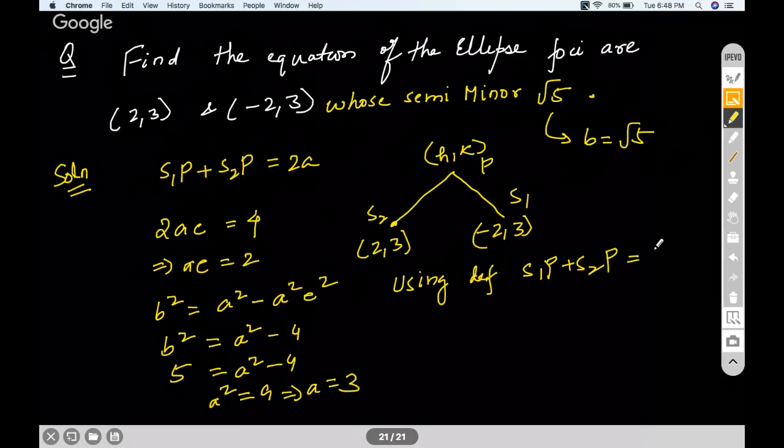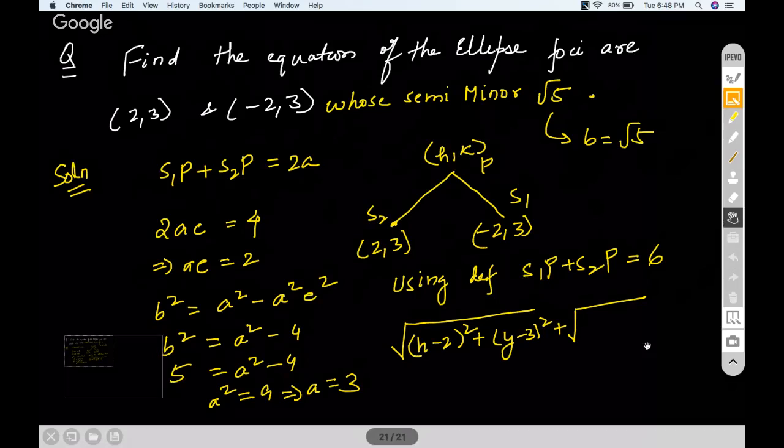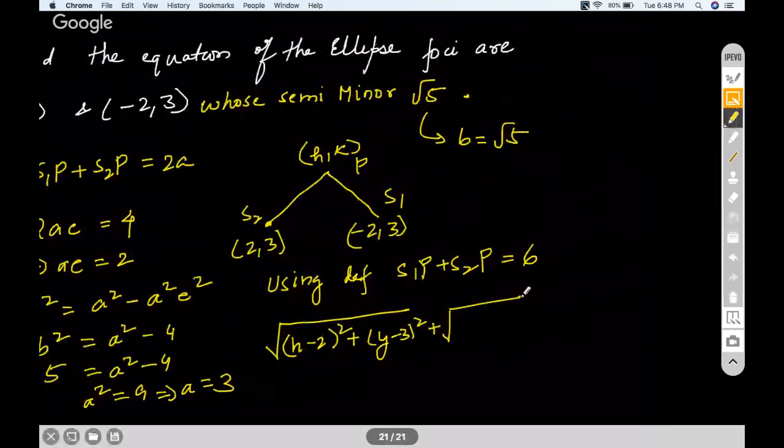I can write under root of (h minus 2) square plus (y minus 3) square, plus under root of (h plus 2) square plus (y minus 3) square is equal to 6.